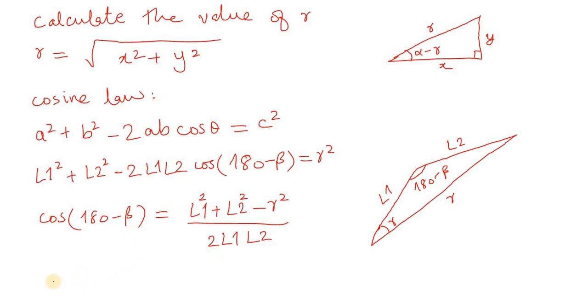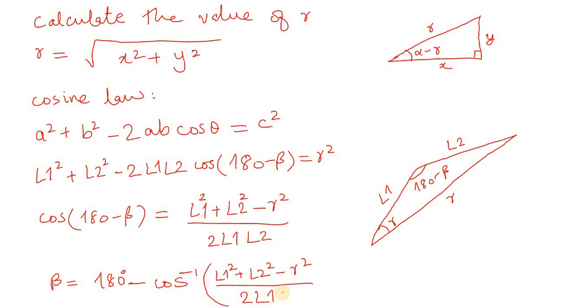So if you want to find beta, your beta will be 180 degrees minus cosine inverse of L1 square plus L2 square minus R square divided by 2 L1 L2. So that's how you calculate your angle beta.